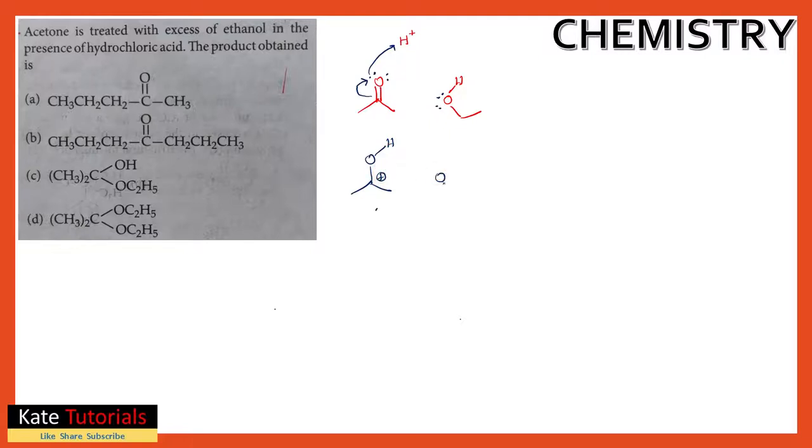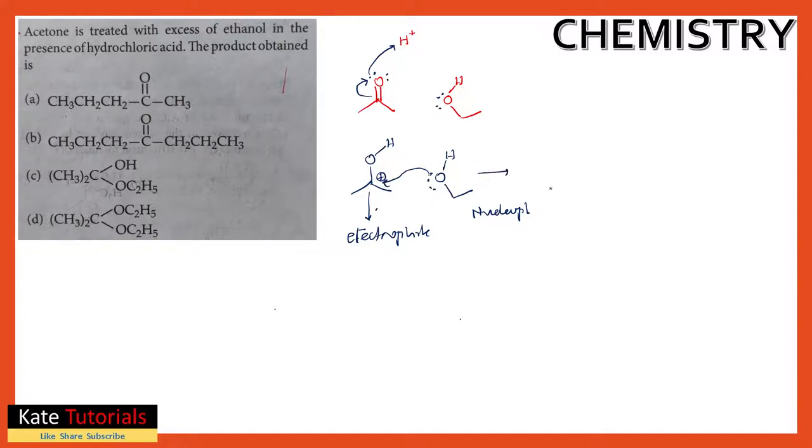Since it is electron deficient, it behaves like an electrophile. And the alcohol is rich in electrons, so it acts as a nucleophile. So it attacks this carbon like this.